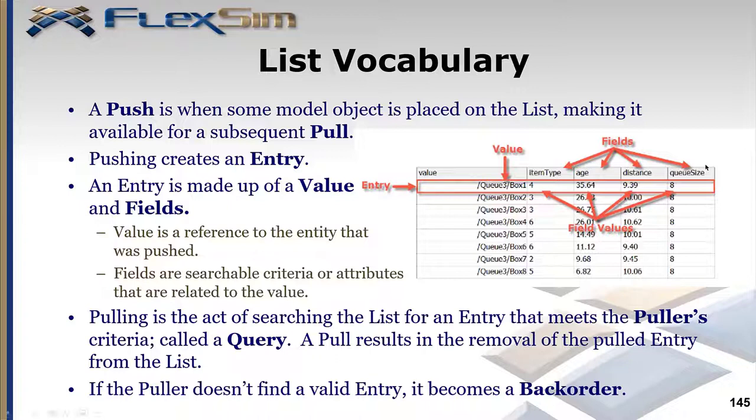The field data that you include as part of the entry is the set of criteria that you use to determine how to choose the right entry on the list for a particular pull. There could be a lot of things that you use as searchable criteria. Party size in the restaurant is one.